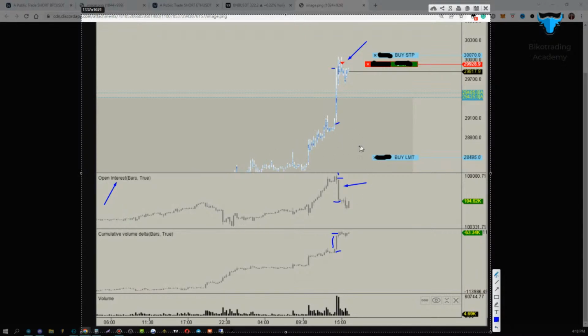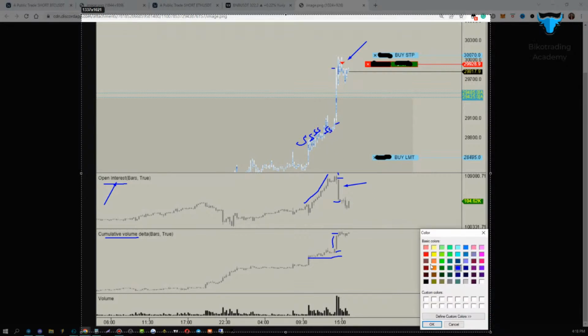Why does this candle create? Do you understand why? Because a lot of people started opening positions. Have a look how open interest started to build while cumulative delta was nearly flat. That means a lot of people here built short positions.